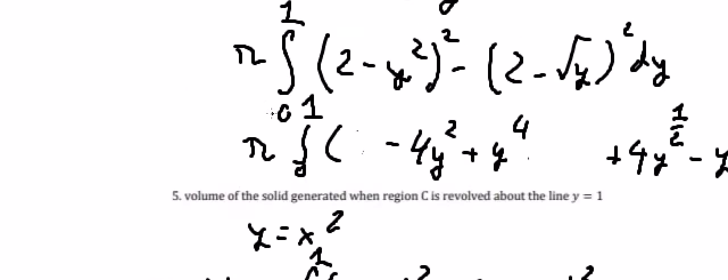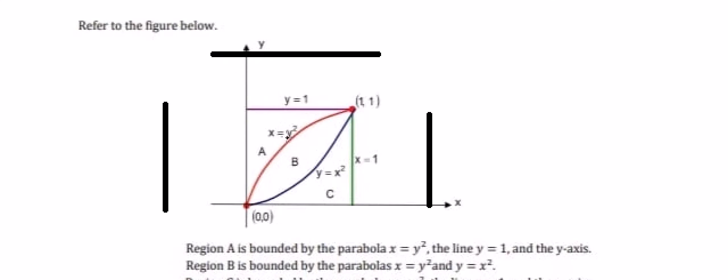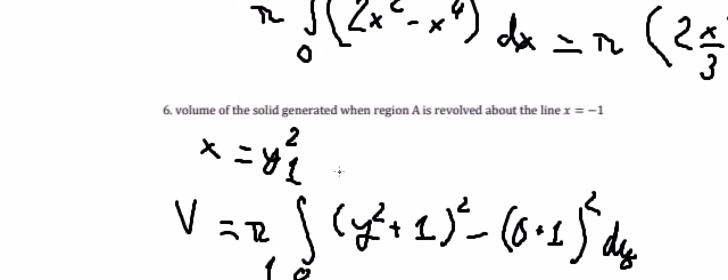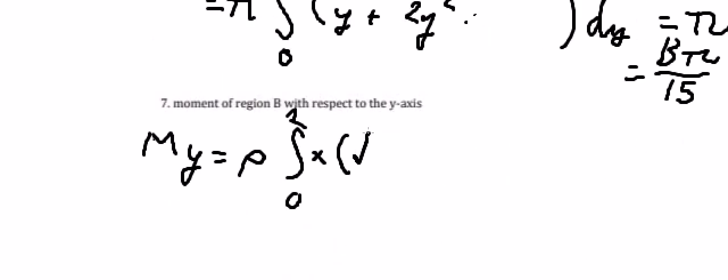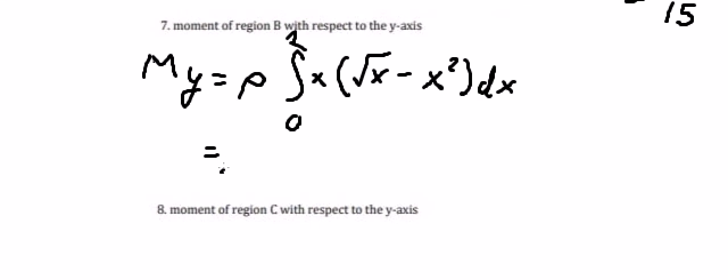So we have region B. So we change this one into y equal to square root of s and y equal to s squared. So we go about square root of s minus s squared ds. So we got the answer in here.